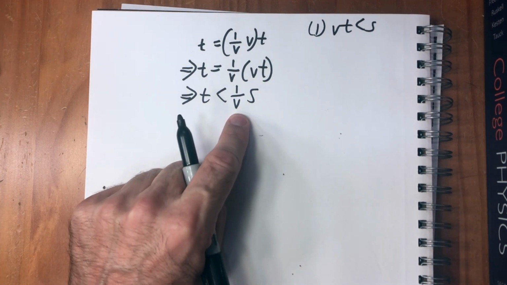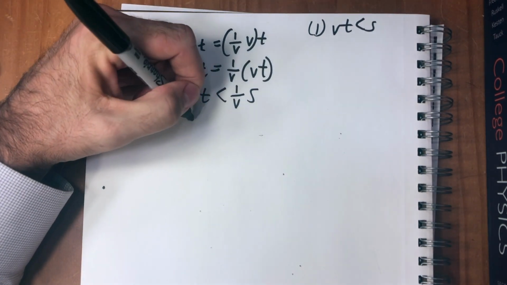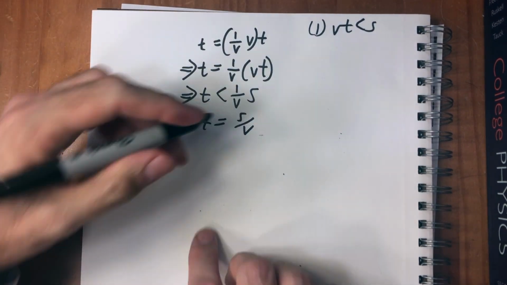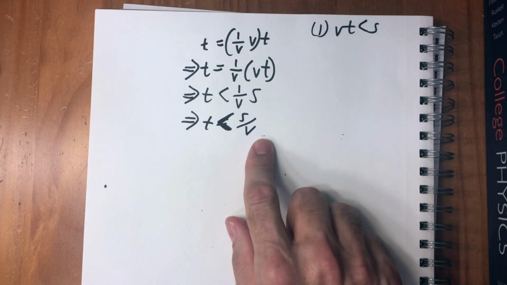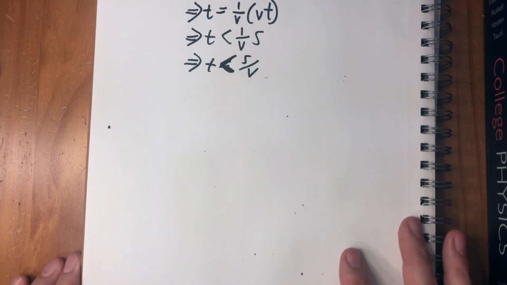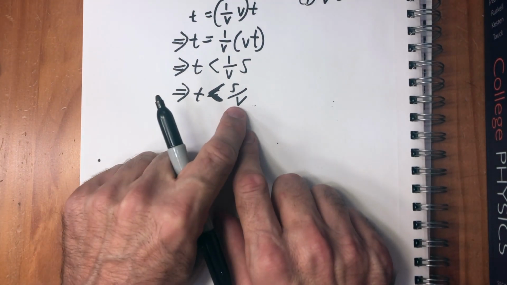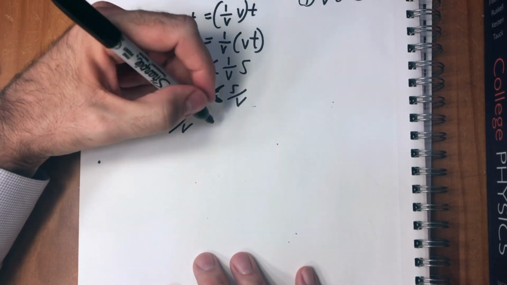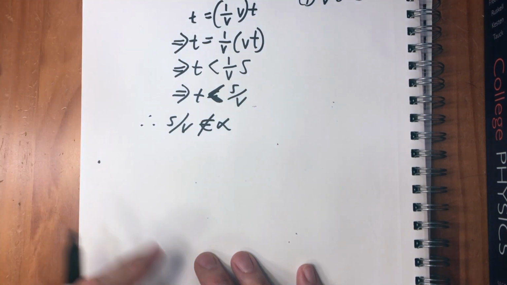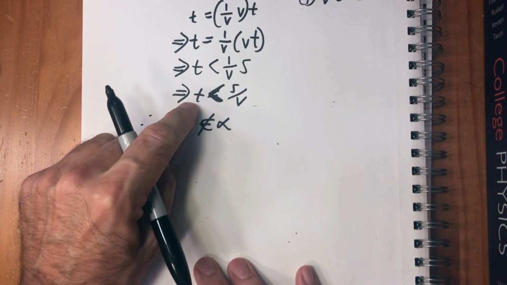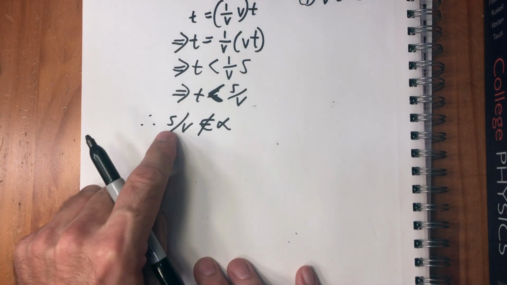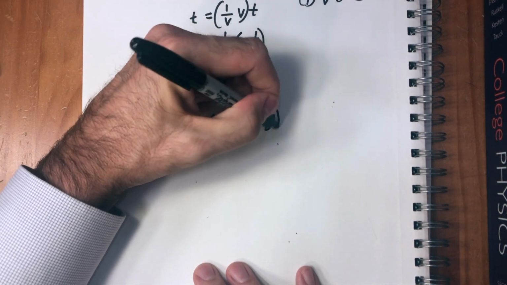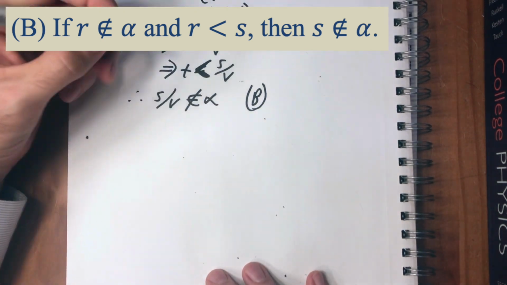So T is less than 1 over V times S, which means, just to rewrite it, T is less than S over V. Therefore, S over V is not an element of alpha, because we started with T is not an element of alpha, and if S over V is bigger, then it's also not in alpha. That is B.